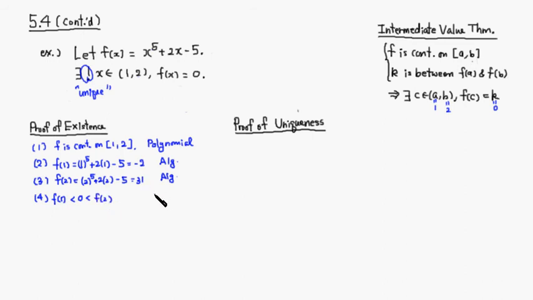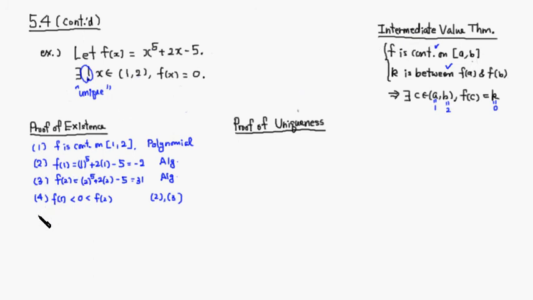This is just from line 2 and line 3. So it satisfies both of these hypotheses. f is continuous, and 0 is between f(1) and f(2), so we can apply the intermediate value theorem.